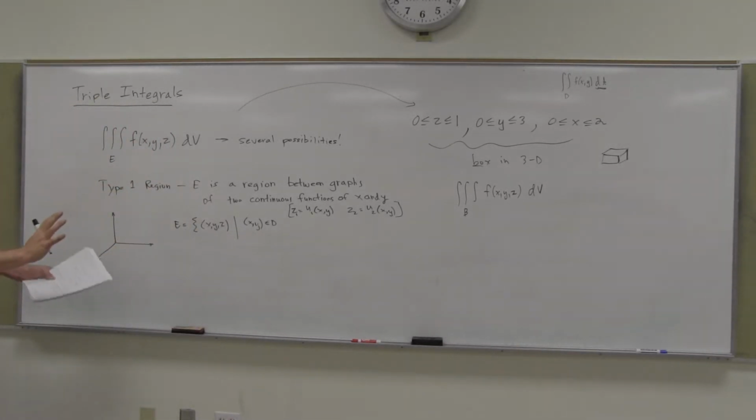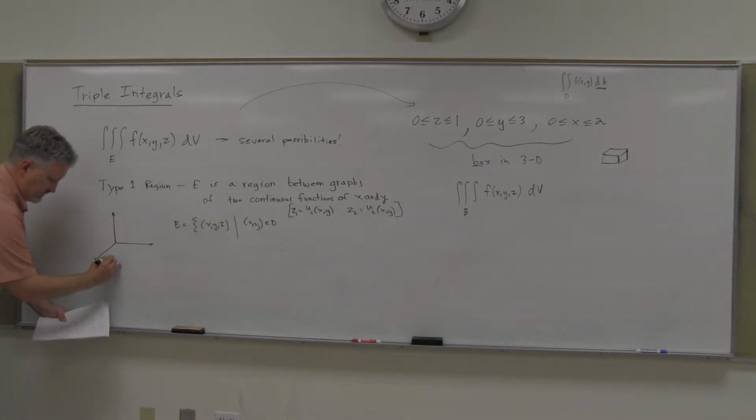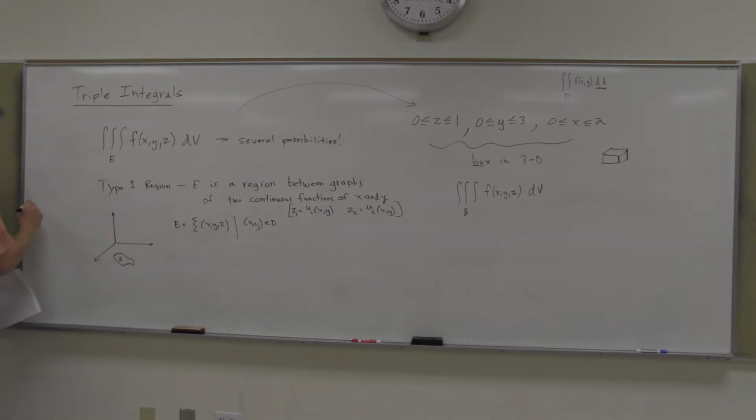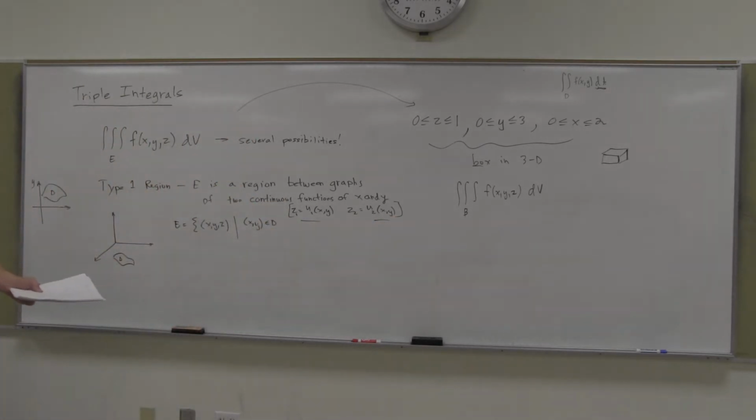So we still have that two-dimensional D, and I did a first quadrant one. However, now instead of projecting it to one graph, we're projecting it to two z equals graphs.